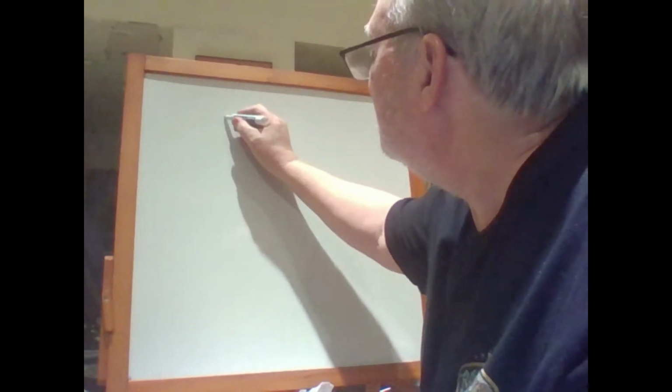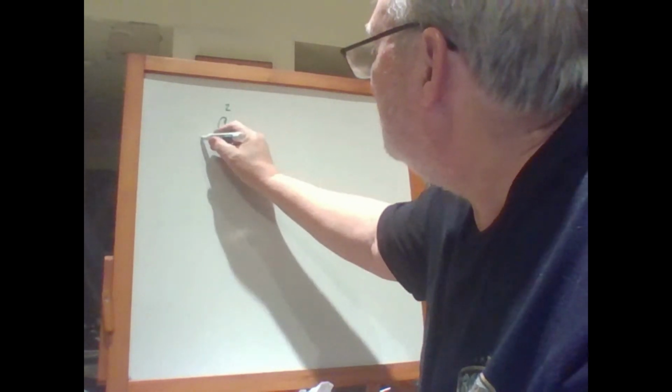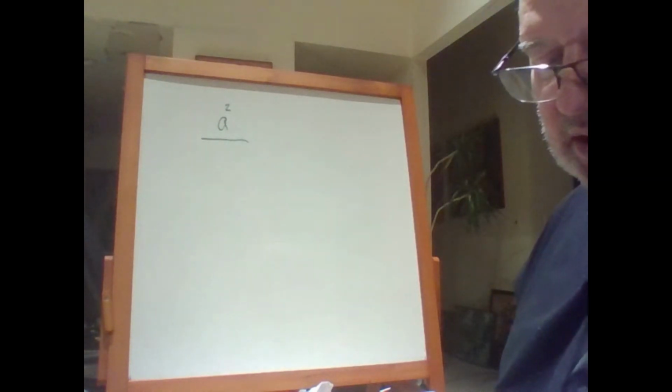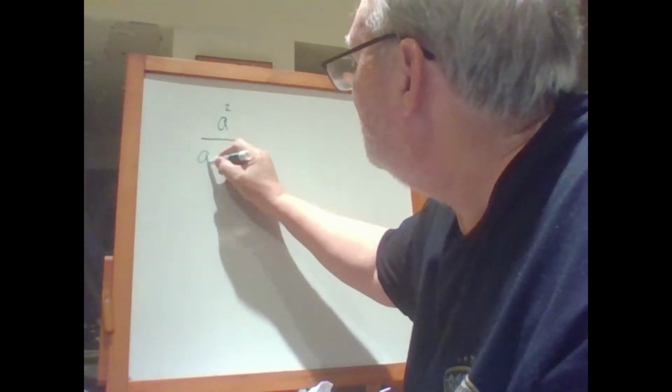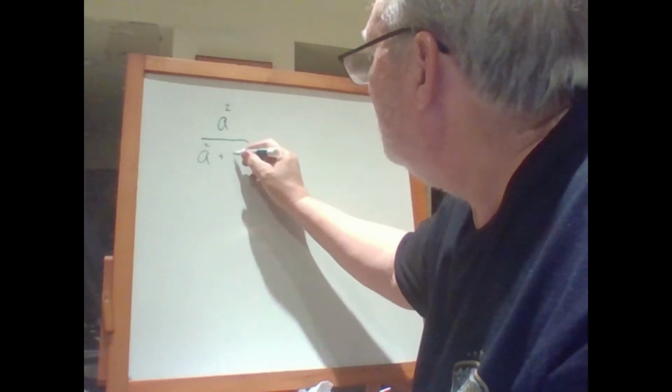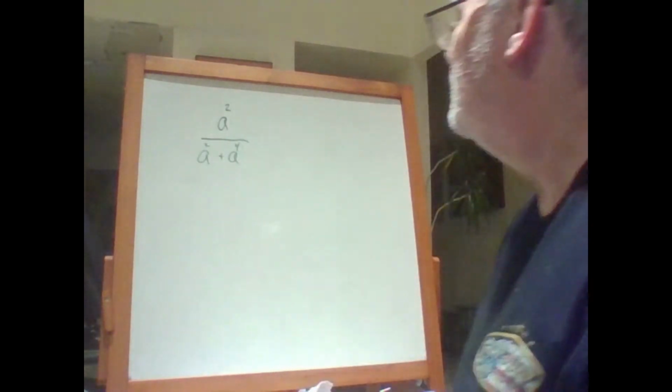Let's take a look at another one that they've got. We've got a squared over a squared plus a to the 4th.